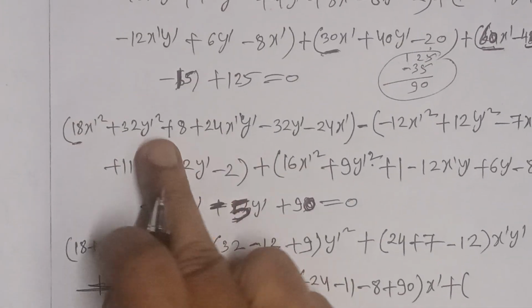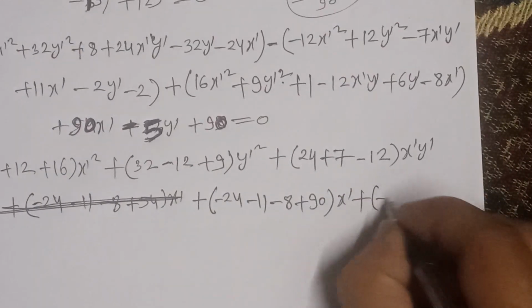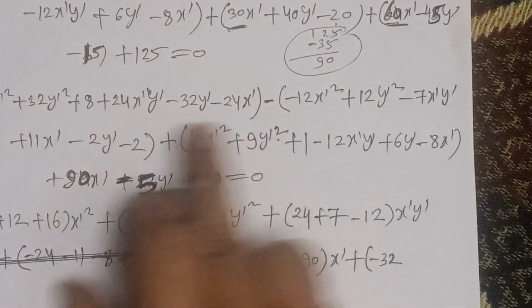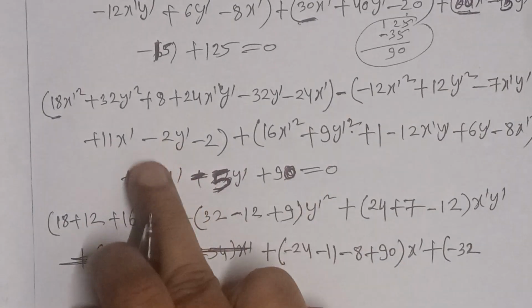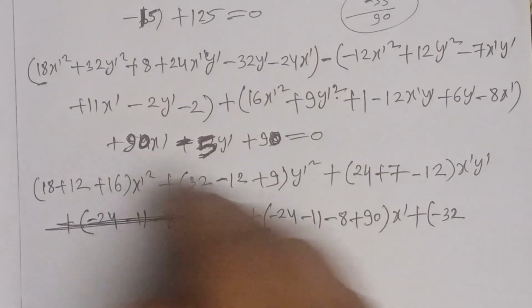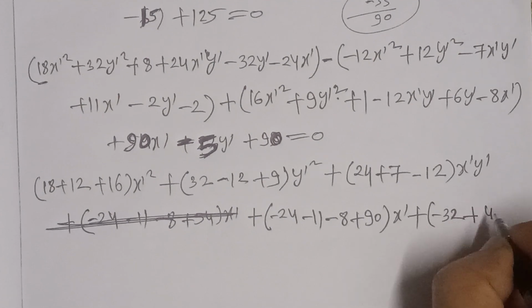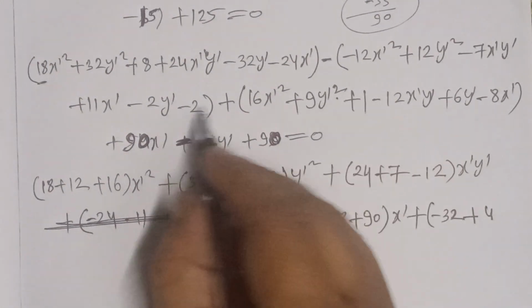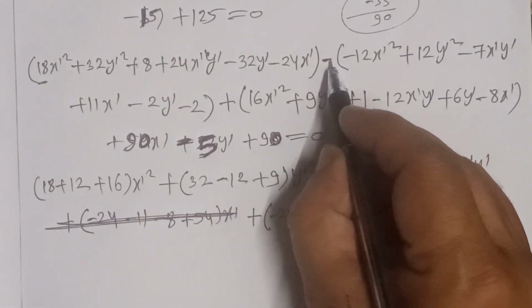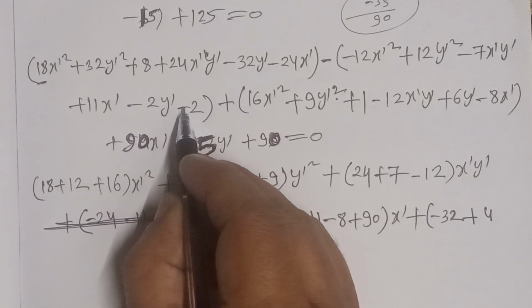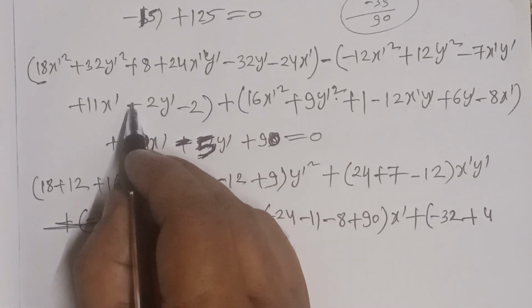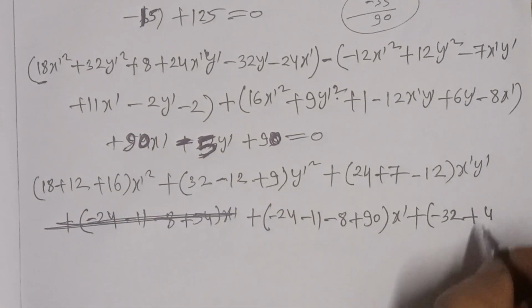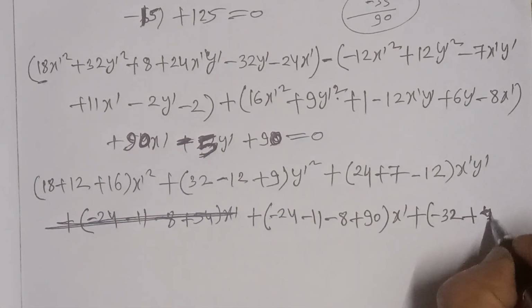Now I write the coefficient of y dash, which is equal to minus 32, and also the coefficient is plus 4. No, sorry, plus 2, because it is only minus, which changes only the sign of this coefficient of y, plus 2, it does not become 4.